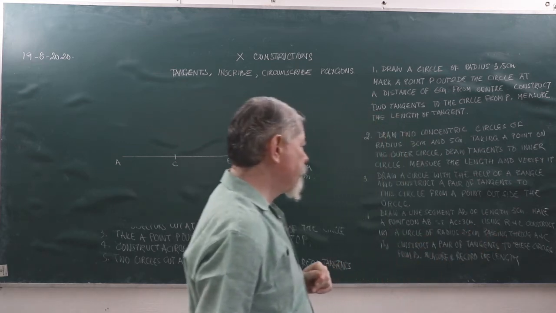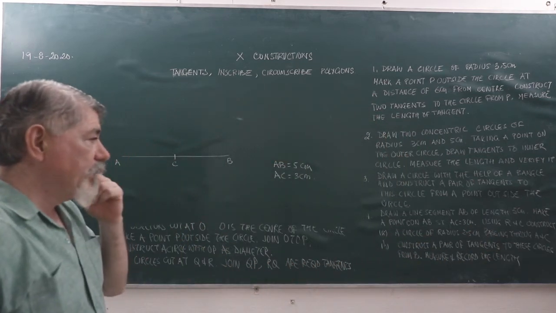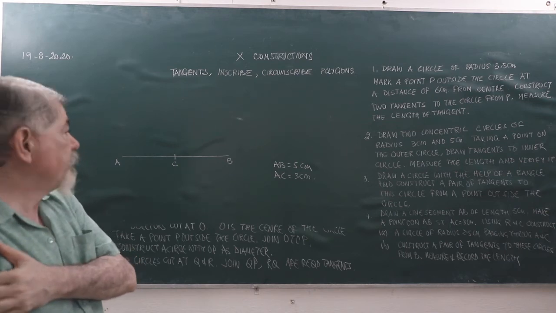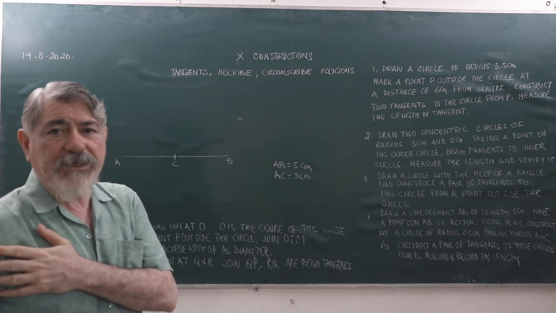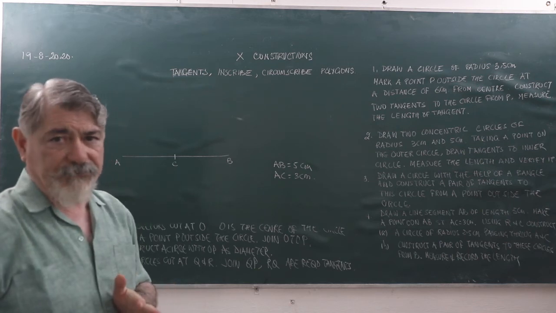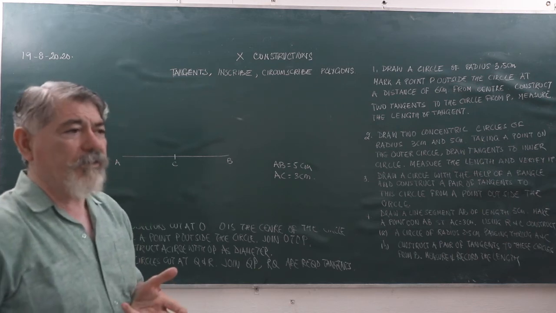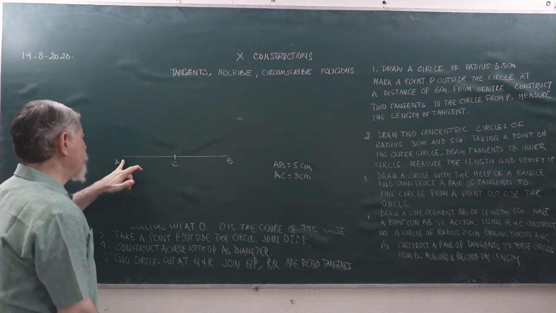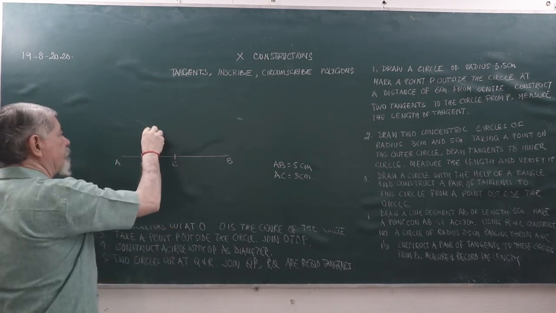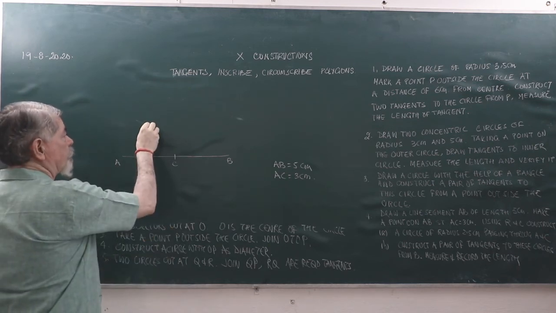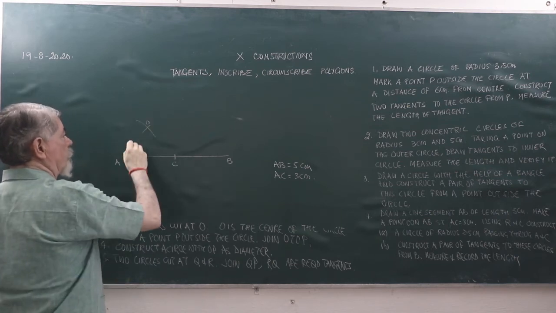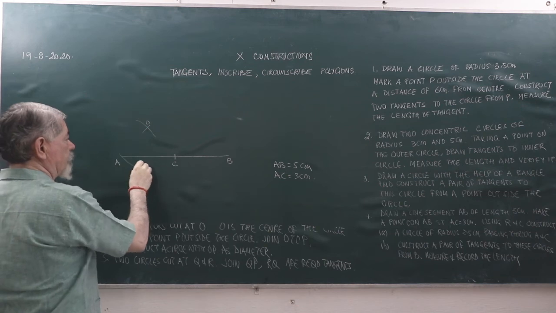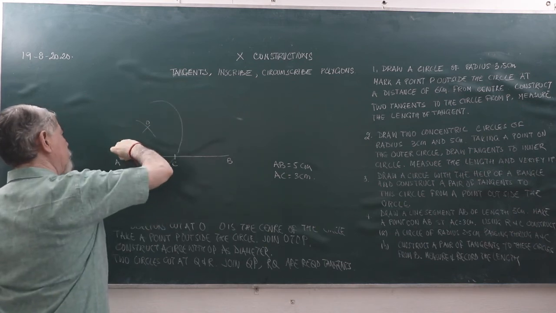Using ruler and compasses, construct a circle of radius 2.5 cm passing through A and C. It is simple. Take A as center, open your compass 2.5 cm, cut an arc, and with C as center, 2.5 cm again. Suppose this is O. Take O as center, open your compass till C and draw a circle.